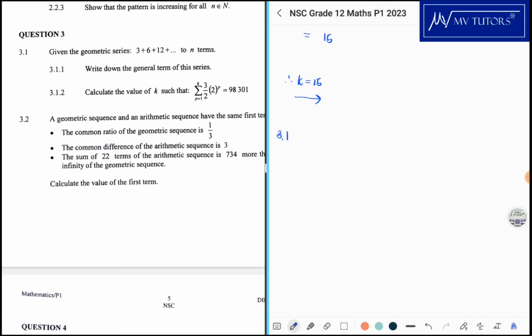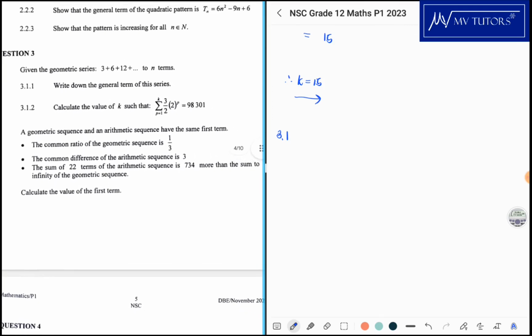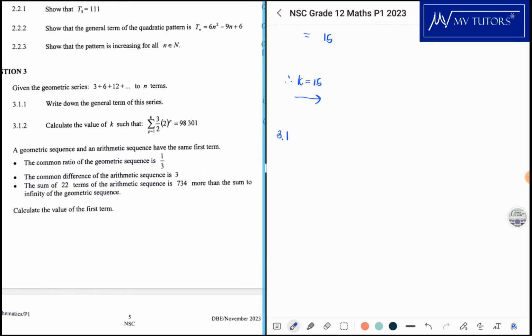All right, so I'm seeing a whole lot of words, so let's just take our time in reading this. So it says a geometric sequence and an arithmetic sequence have the same first term. Okay. All right, and then it says the common ratio of the geometric sequence is a third, and the common difference of the arithmetic sequence is 3.